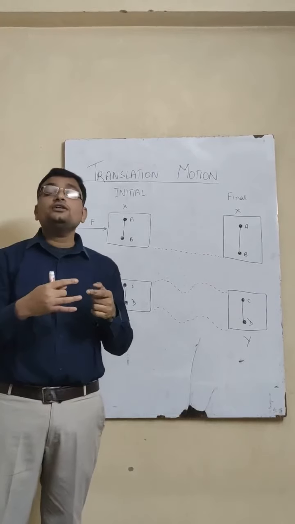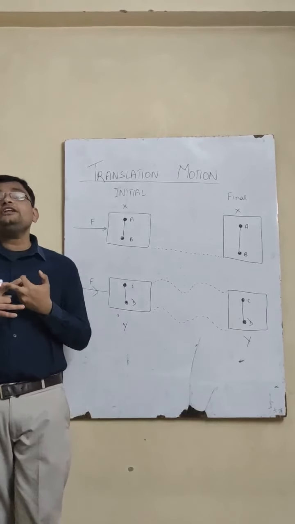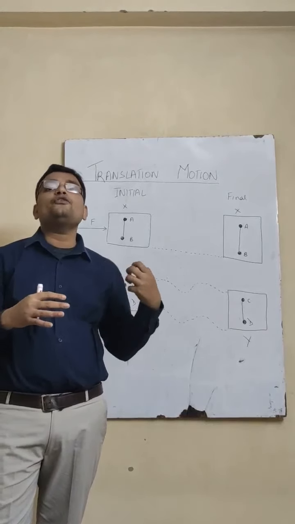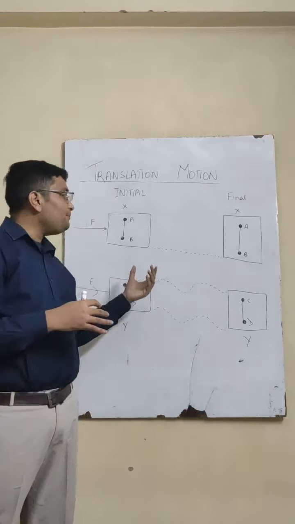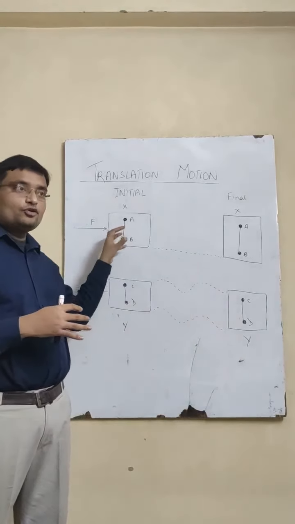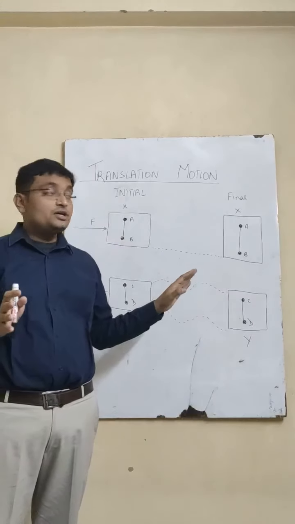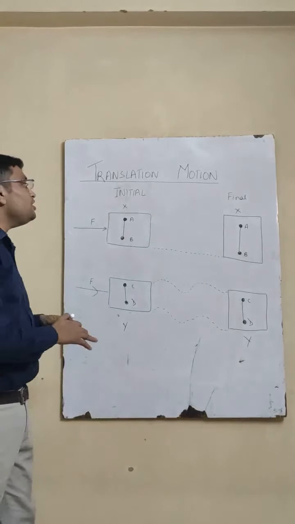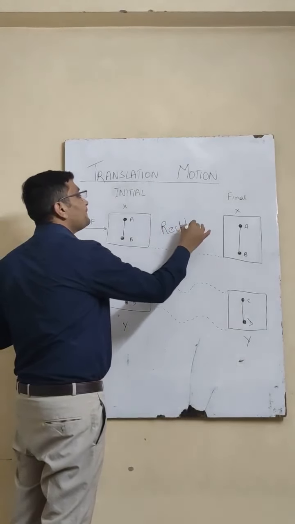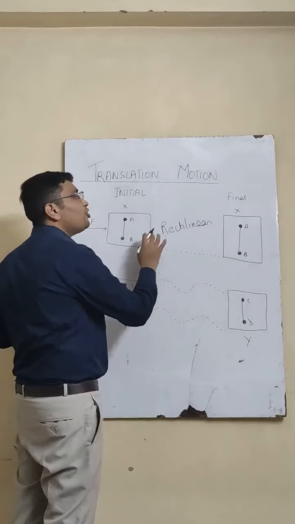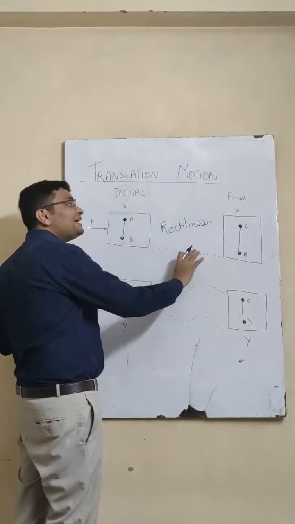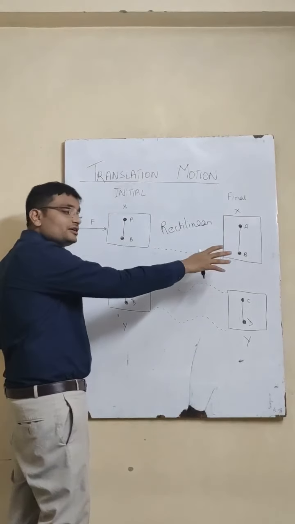Then how will you define rectilinear and curvilinear translation motion? Now it depends on the path followed by the body. If the path followed by a body in translation motion is a straight line, then it is called rectilinear.